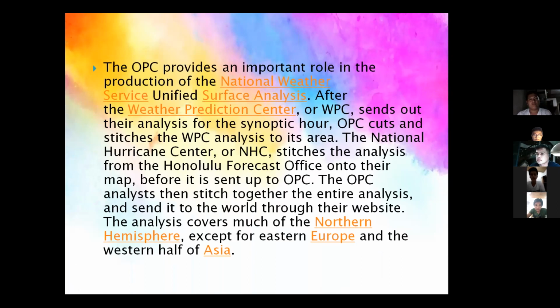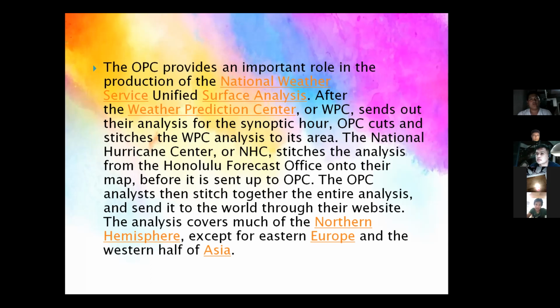The OPC, or Ocean Prediction Center, plays an important role in the production of the National Weather Service's Unified Surface Analysis. After the Weather Prediction Center, or WPC, sends out their analysis for the synoptic scale, OPC cuts and stitches the WPC analysis into its area.